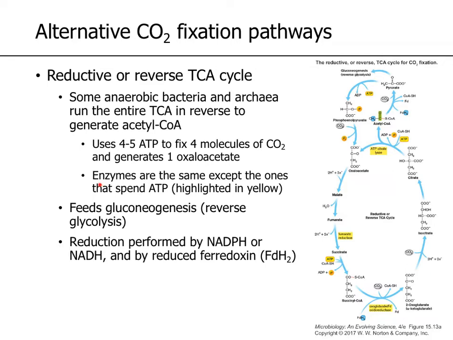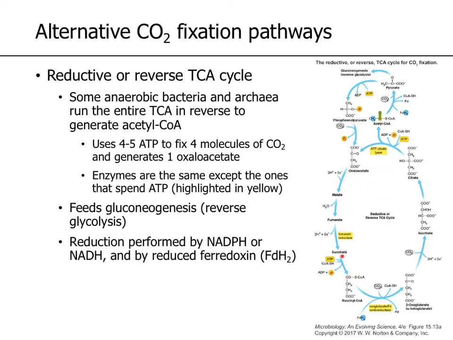Again, we talked about this mostly in the context of glycolysis, but a lot of the enzymes in the TCA cycle are the same because they're reversible, except for the ones highlighted in yellow. These are the ones that are spending ATP, and those are the ones that are unique for the reverse cycle versus the forward cycle.